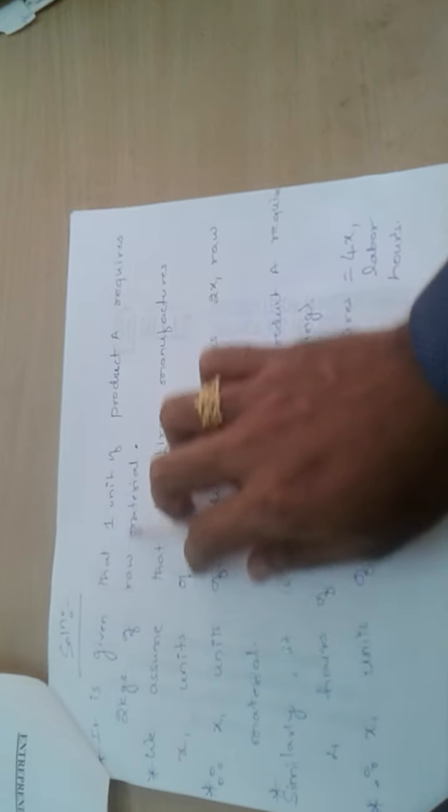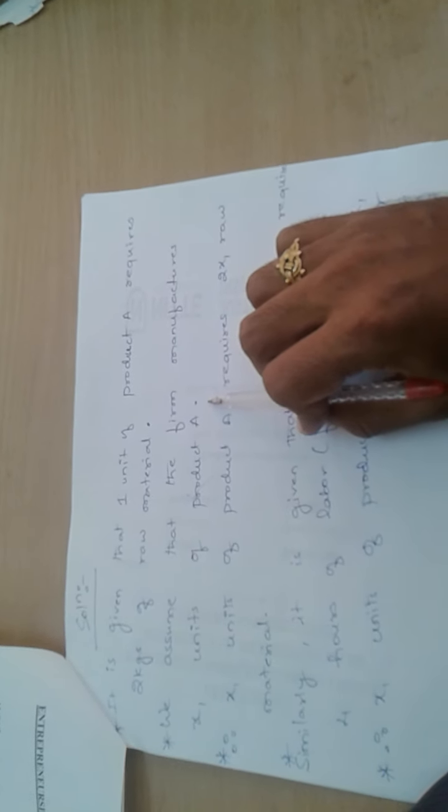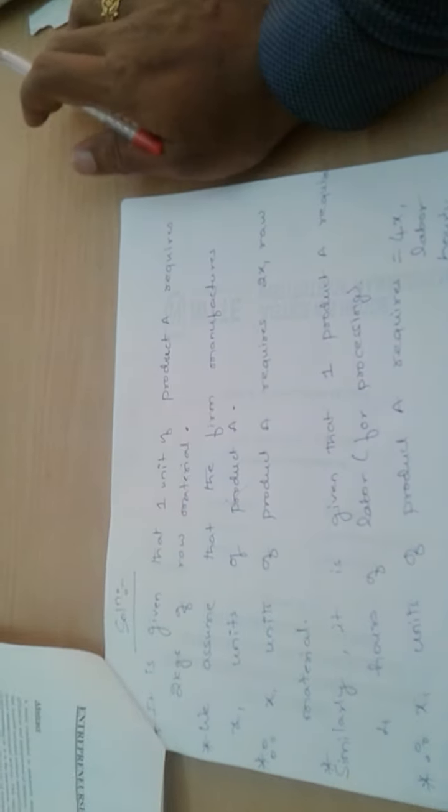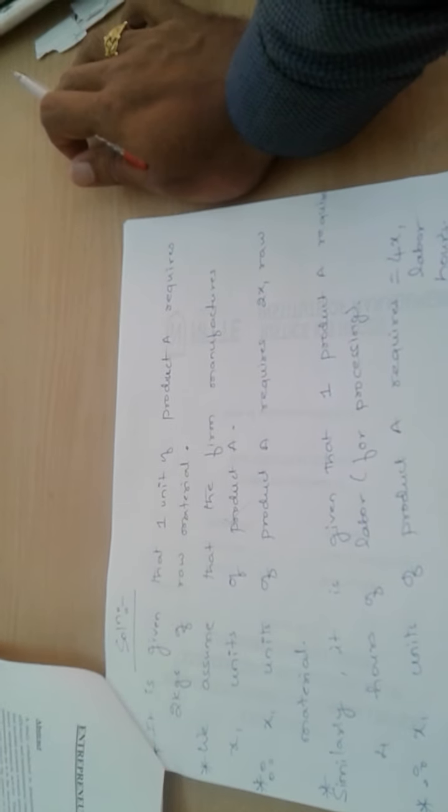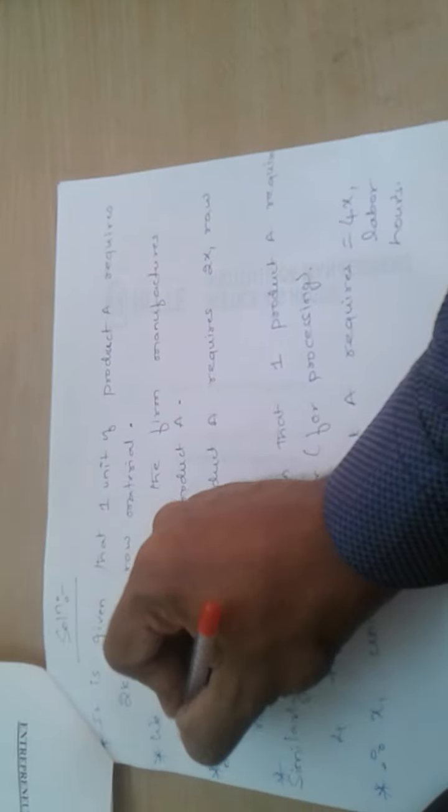The solution is, it is given that one unit of product A requires 2 kgs of raw material. In the question itself it is given that one product A requires 2 kgs of raw material. Now what we will do is assume that x1 units of product A will be manufactured by the firm. We do not know how many units of product A are being manufactured, so we will assume that it is x1.